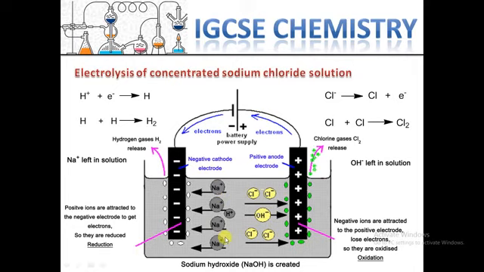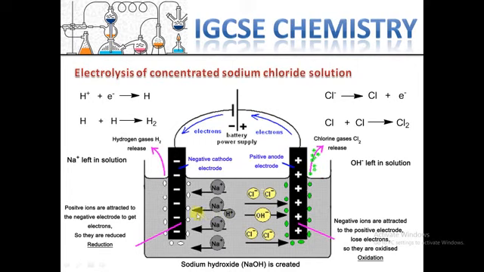Based on the reactivity between hydrogen and sodium, which can be observed on the cathode. As I wrote here, positive ions are attracted to the negative electrode to get electrons. But which of them? Between sodium and hydrogen, both can be attracted, but hydrogen is more reactive than sodium.